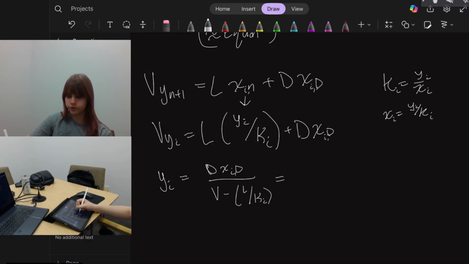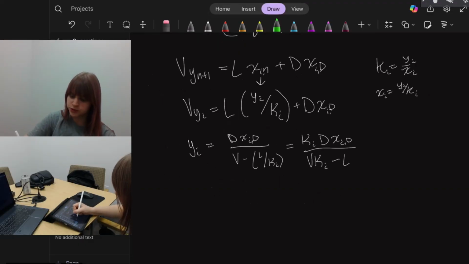And we can also simplify that to Ki times the distillate times the liquid composition of component i in the distillate over the vapor times that Ki minus L.